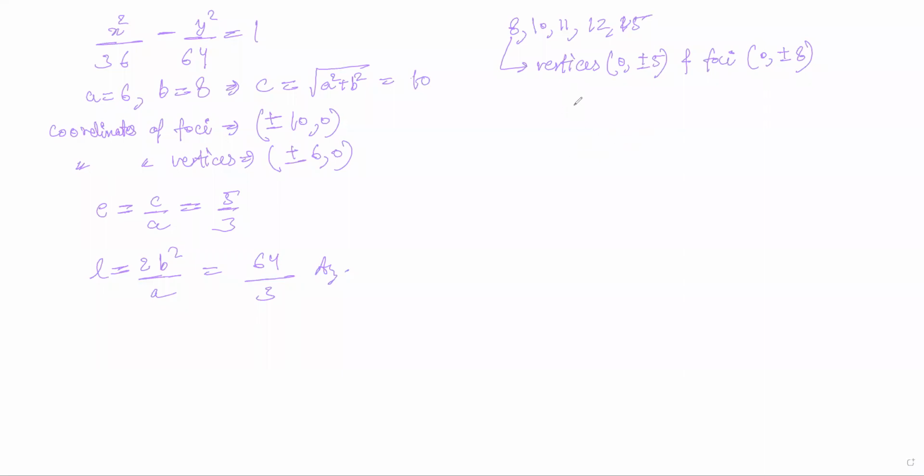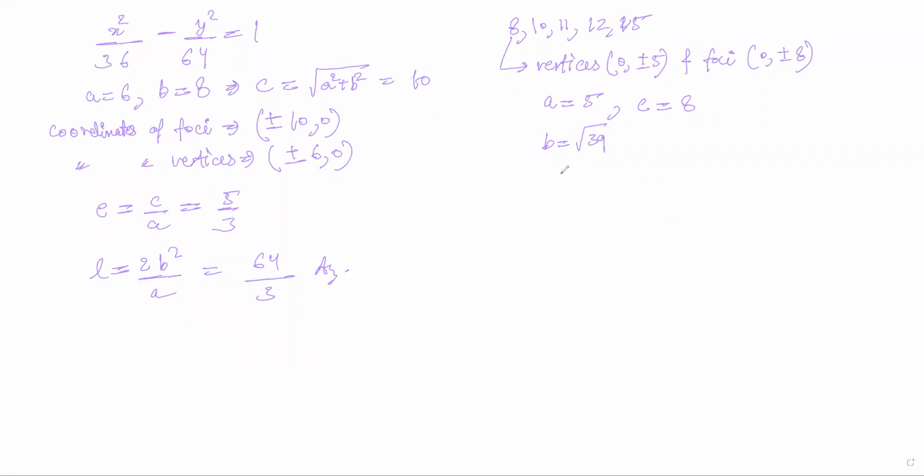So the foci, which is plus or minus 8, and the value of a, which is plus or minus 5. Just 5, positive 5. And c is 8. So we have to find out b using this: 64 minus 25, root of which would be root over 39, I guess. Yeah, root over 39.